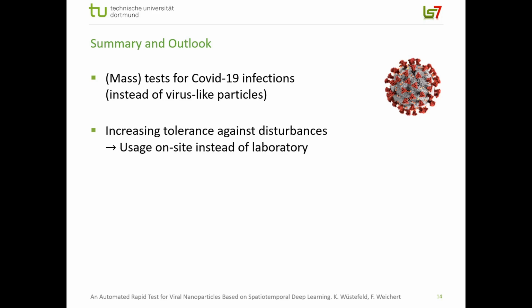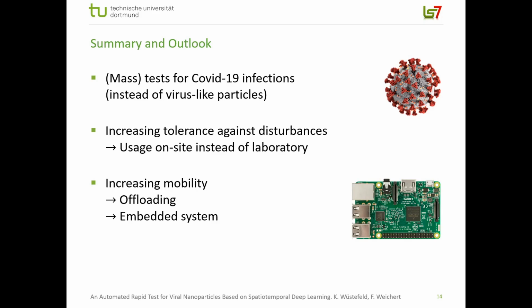With the goal of using the PAMONO sensor in the real world, which means at places with heavier external influence than in a laboratory, we are also working on methods for higher tolerance against disturbances. A third part of our schedule is a higher mobility of our calculation platform, which can be achieved by computation offloading or lighter neural network modules deployed on embedded systems.